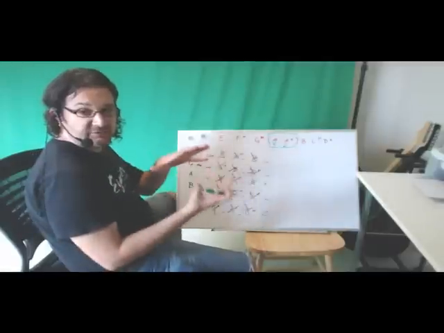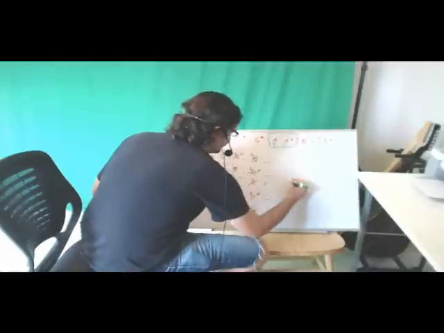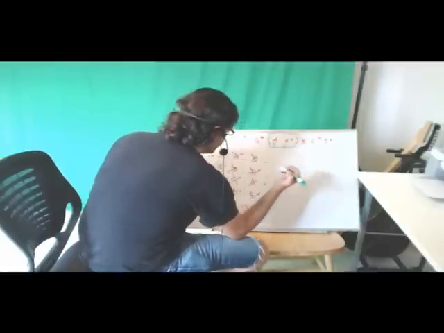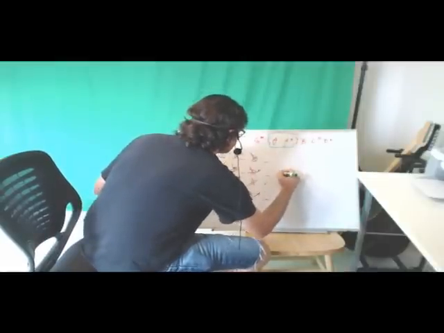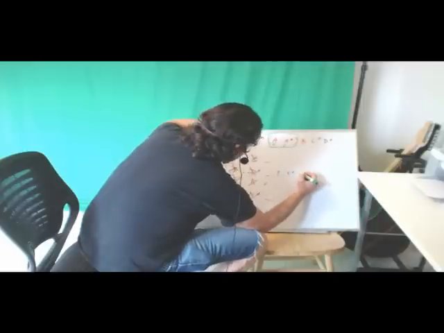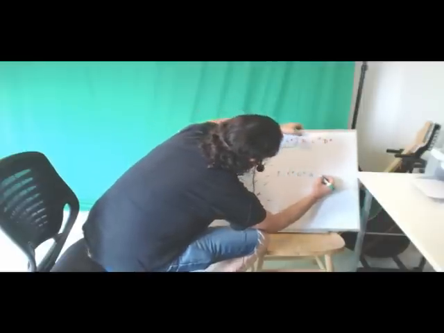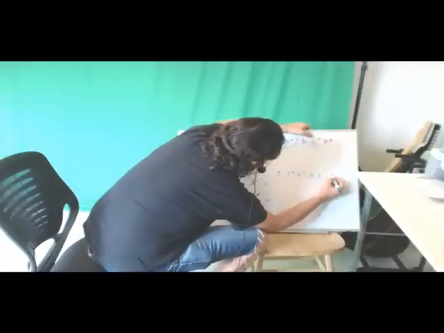So we're going to build two scales here. The first one is going to be E, F sharp, G sharp, A natural, B, C sharp, and D sharp.